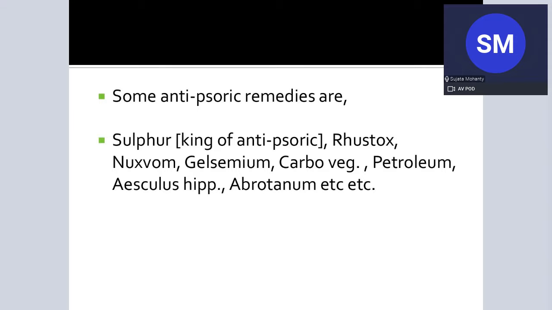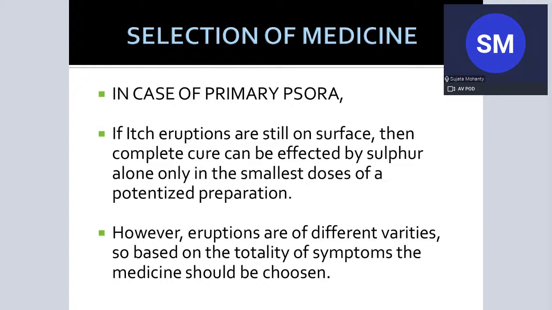Some anti-psoric remedies, here I mention the remedies which have purely Psora as the background, are Sulphur, that is the king of antipsorics, Rhus tox, Natrum muriaticum, Calcarea carbonica, Carbo vegetabilis, Petroleum, Asclepias, Abrotanum, etc.